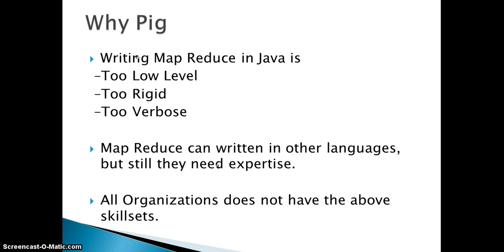So in order to avoid that, there is an ecosystem component called Pig that has been brought in, which makes your task easy. And like I said, the reason behind Yahoo inventing Pig is it didn't have many people who are expert in high level programming like Java or Python. All organizations don't have the above skill sets. That's the reason why they go for Pig.